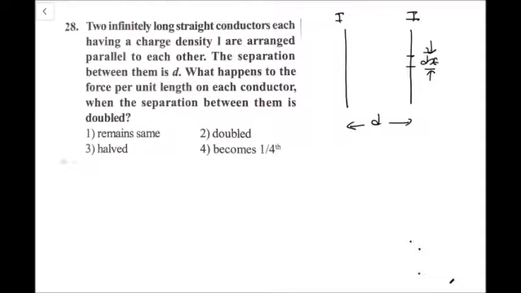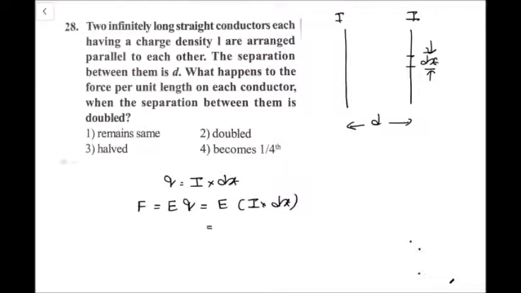where the charge q is equal to charge per unit length into length. Then the force experienced by that part is F equal to EQ, E into Q, nothing but I into dx.